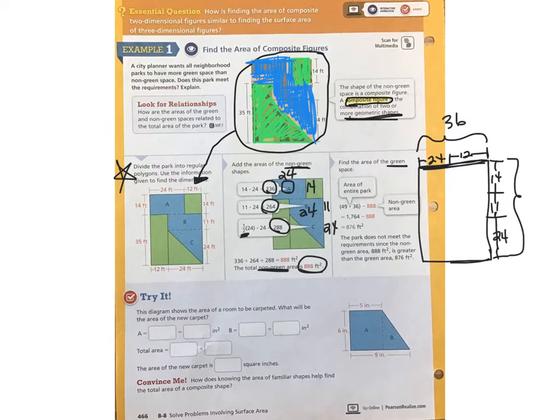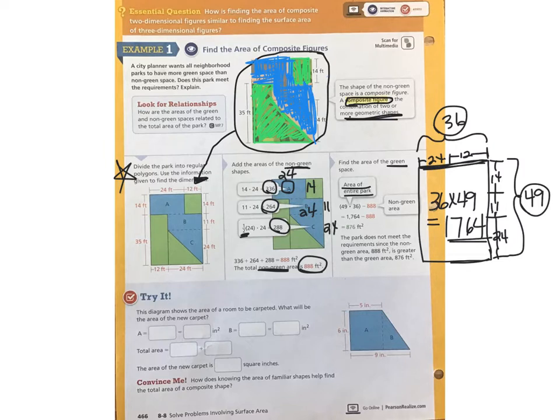So this entire distance along that side for that rectangle is 49. So these two dimensions will find the area of the entire park, 36 by 49, which is equal to 1,764, and that is in square feet.